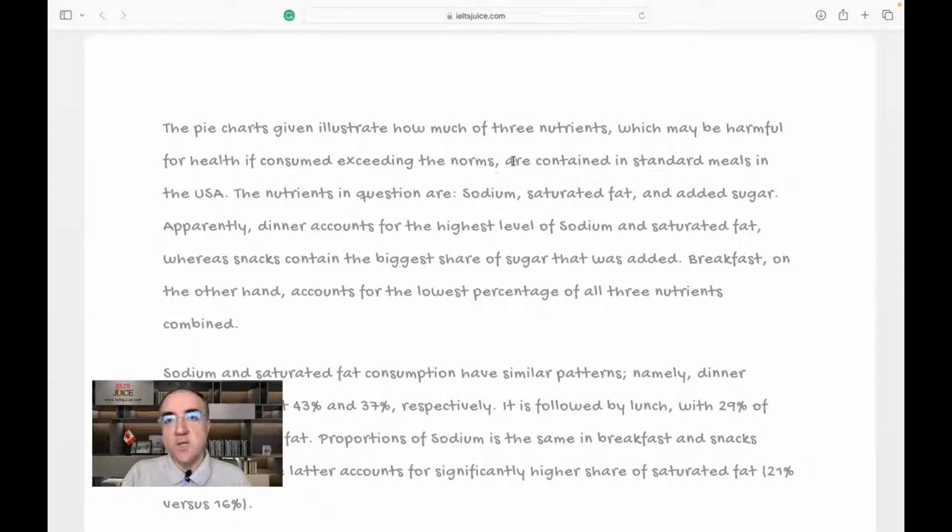Anyway, let me continue. Are contained in standard meals in the USA. You could also say it in the US. And remember, when we use names of different countries, if we want to put the way of governance or the type of social structure that the country has, we need to put the.